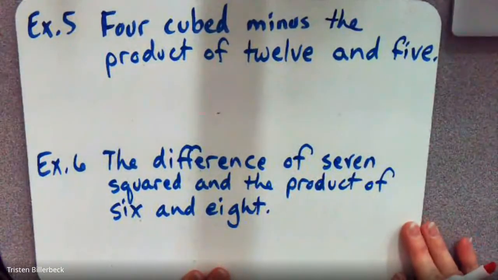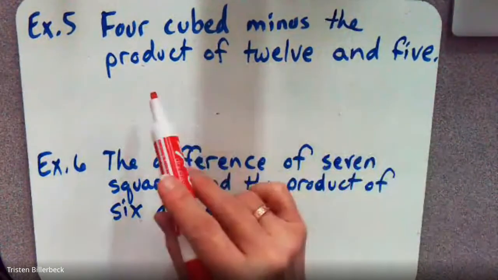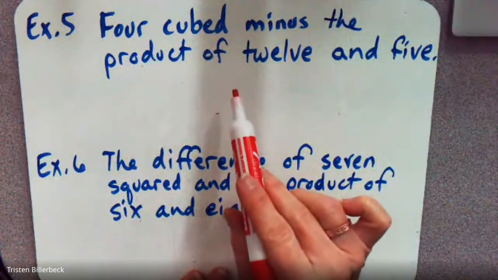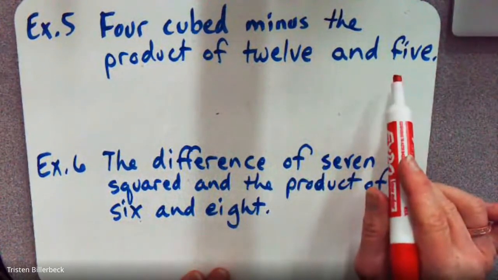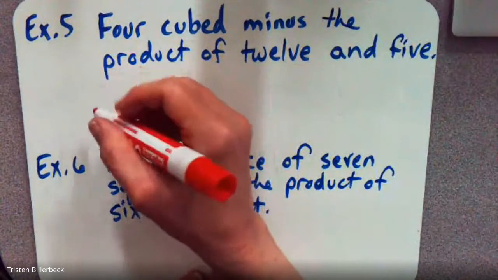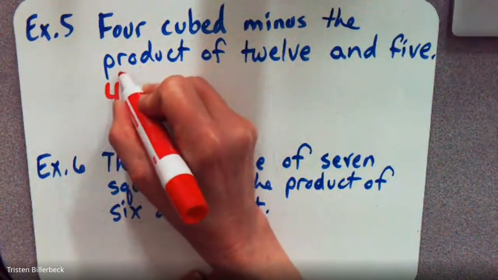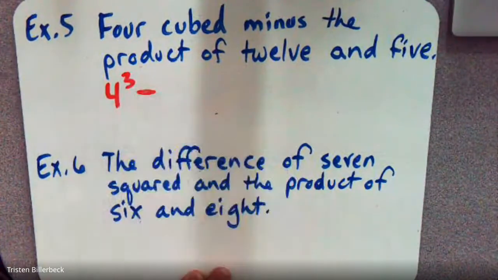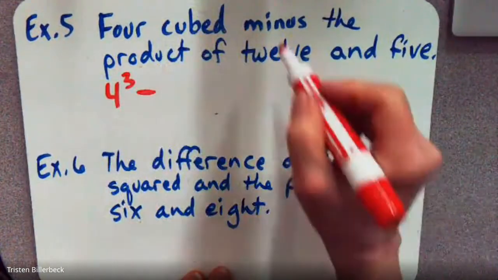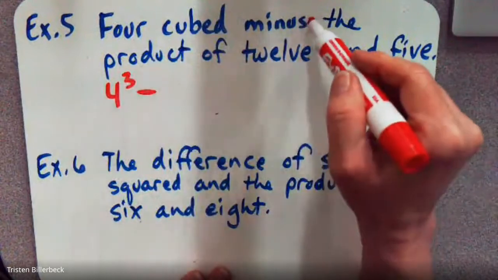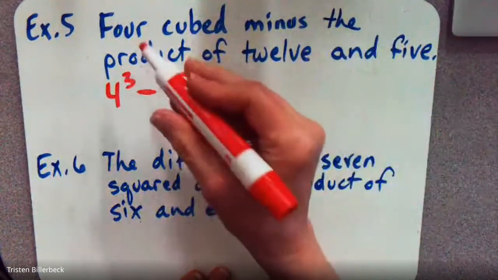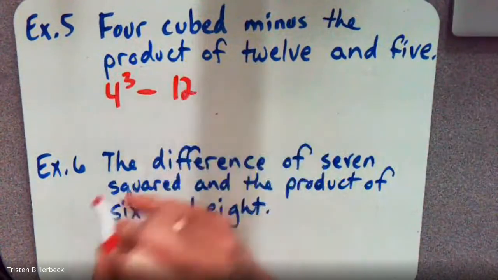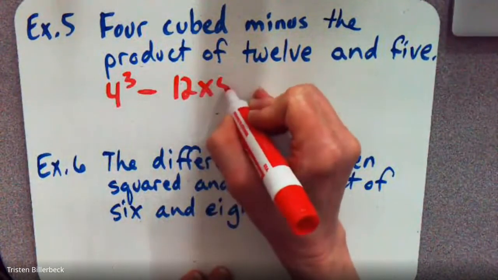Now we have 4 cubed minus the product of 12 and 5. So 4 cubed looks like this, and minus, we're not subtracting 4 cubed from anything. It's 4 cubed minus the product of 12 and 5. So we're multiplying there.